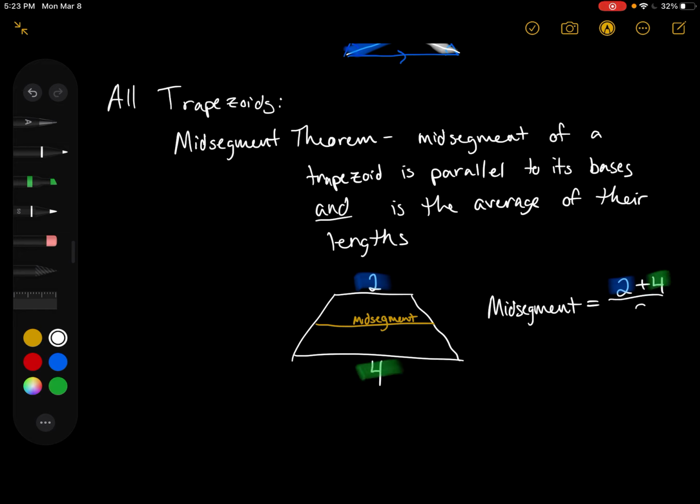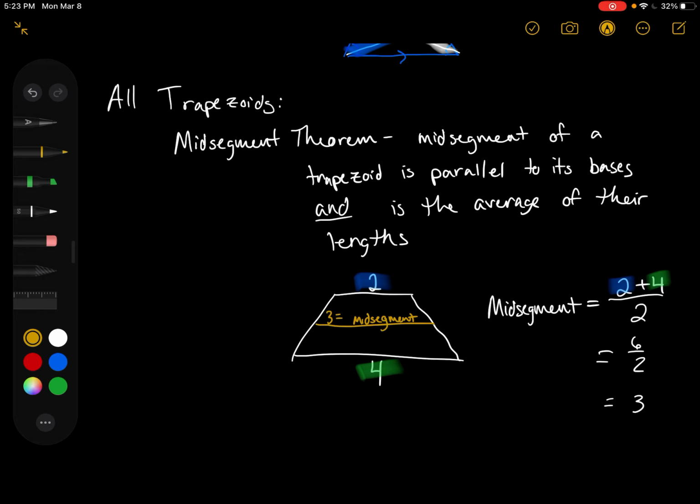So we got the 2 from here, the 4 from here, and then we divide by 2 to get the average. So that would be 6 divided by 2, or our mid-segment equals 3. So we would know that in yellow here, mid-segment equals 3. Again, add the top, add the bottom together, divide them by 2. There's your mid-segment.